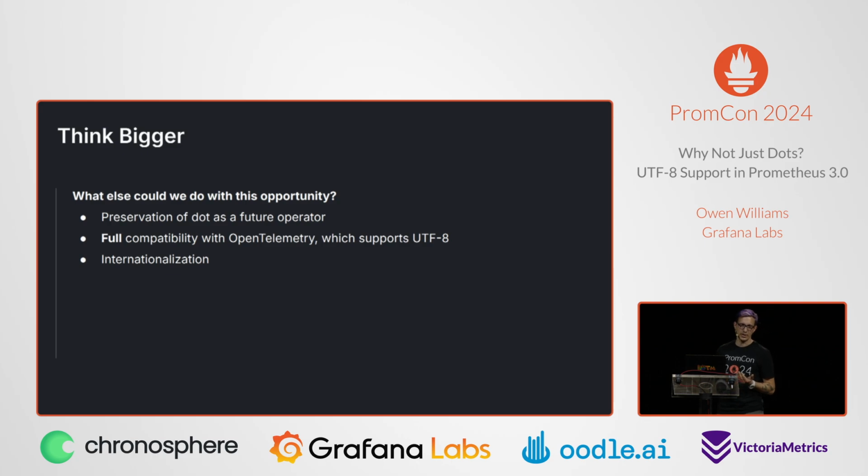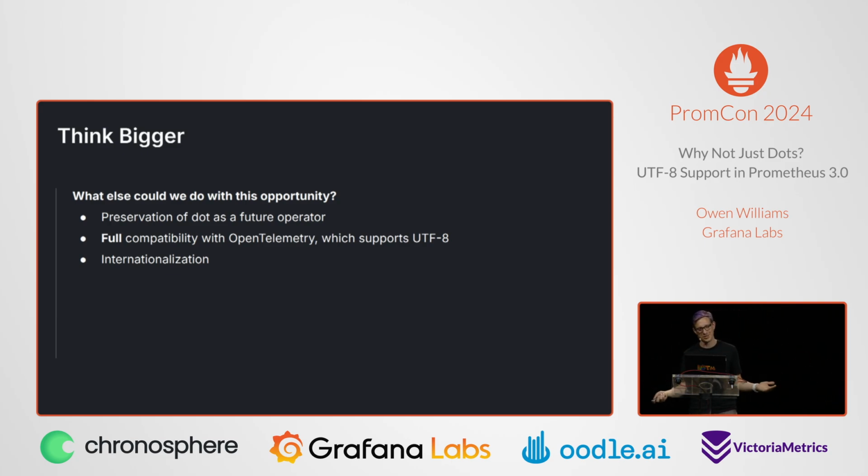I also think there is another undersold advantage to allowing the full character set in metric names, and that's internationalization. There's a historical assumption that computing is an English thing, and I think the community here proves that that's not the case.